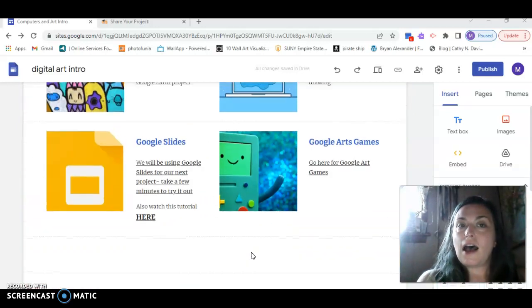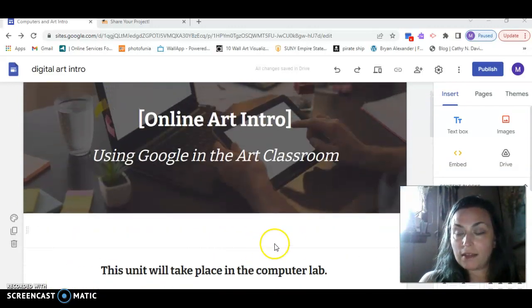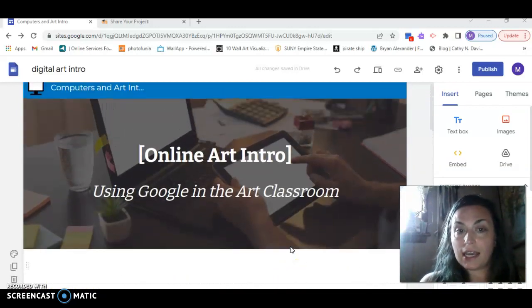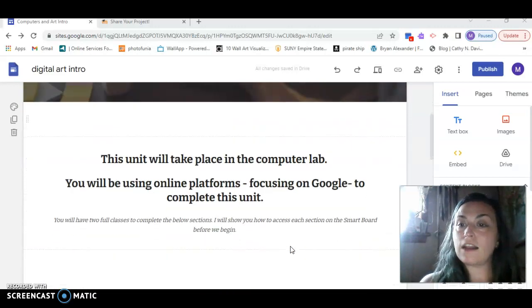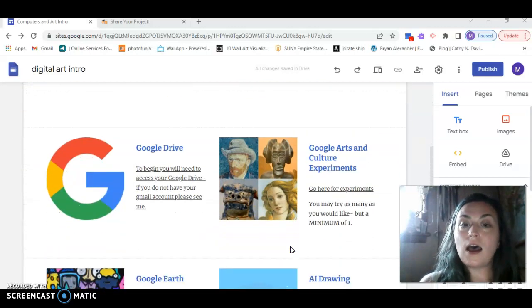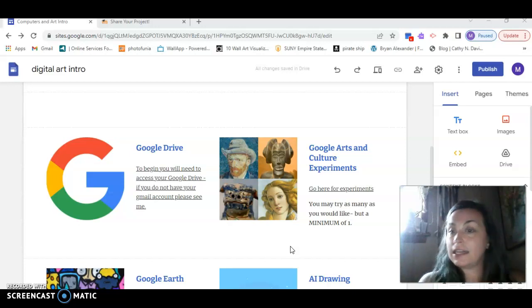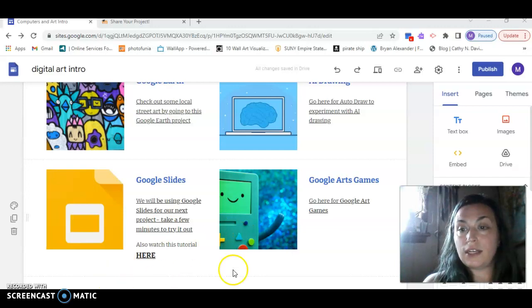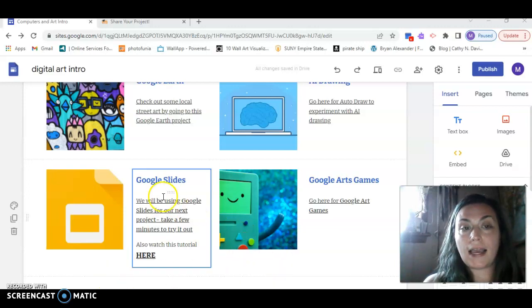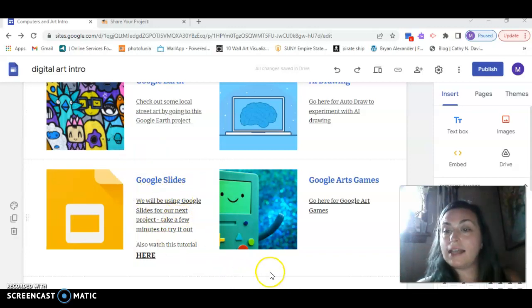And I actually did this with my 6th through 8th graders, and it was fairly successful. They had a lot of fun using this. I didn't have many students that had any difficulties using most of the Google programs. When we moved into the next section of the unit, they already had the basis of how to create Google Slides.